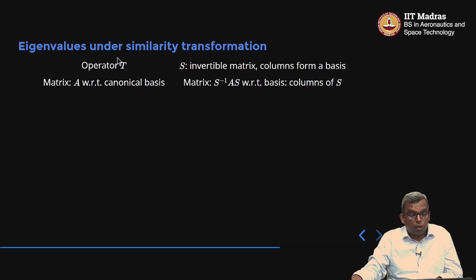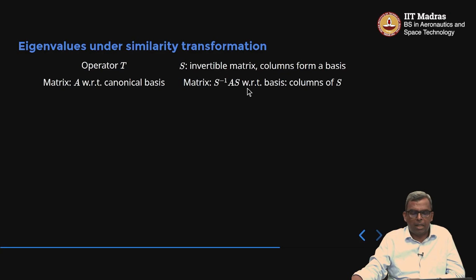Now, if you want to think of the same operator T in the basis formed by the columns of S and not just the canonical basis, it turns out the matrix that represents T in this basis is S inverse AS. Okay. So, this is called the similarity transform.